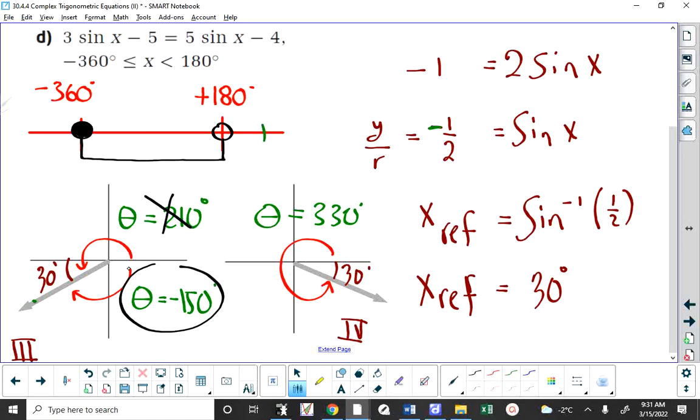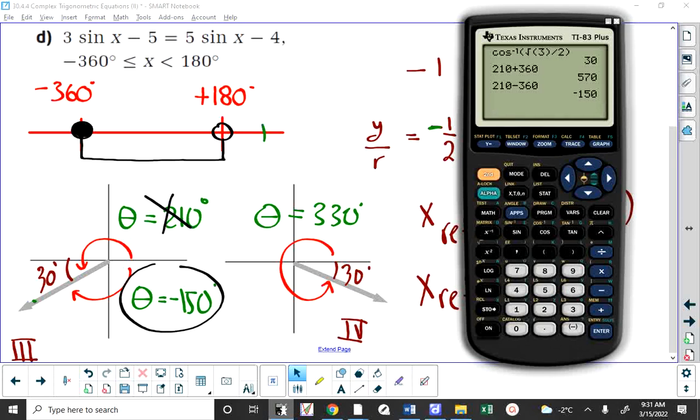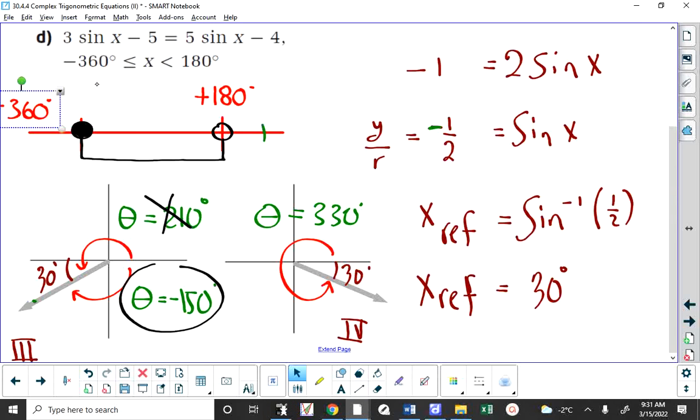And if I wanted to, Marcel, I could now take the negative 150 and subtract 360 again. But now I see I'm outside of the domain. But imagine that this was... It isn't. But imagine it was 720. Negative 720.